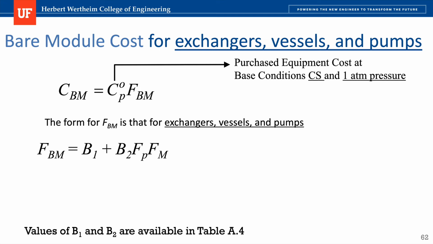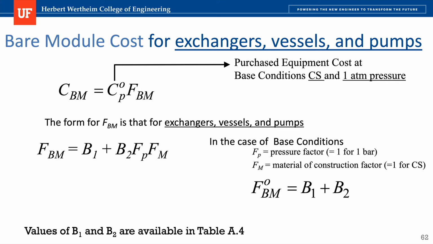We also have FP, which is a pressure factor, and we have FM, that is the material of construction factor. In the case of base conditions, what we're really calculating is FBM naught, because for this, FP will equal 1 because it's base conditions. There's no penalty associated to the pressure because it's at base conditions.